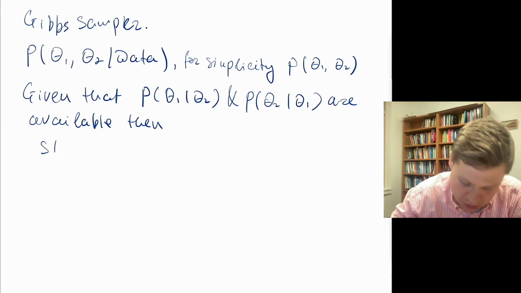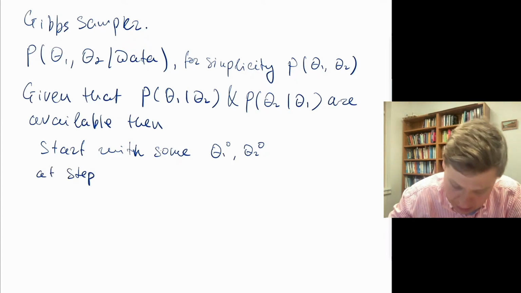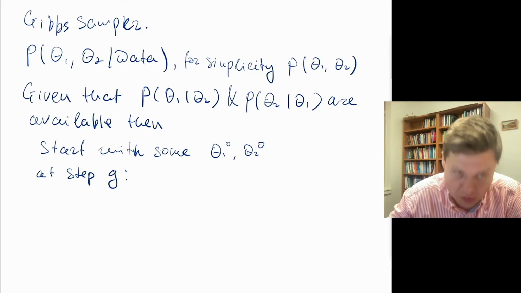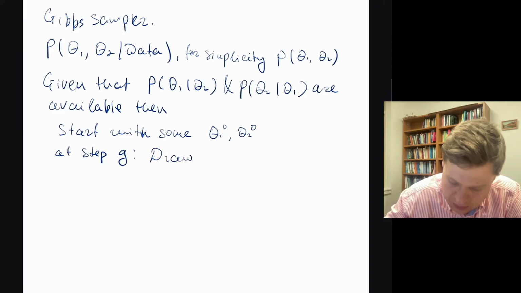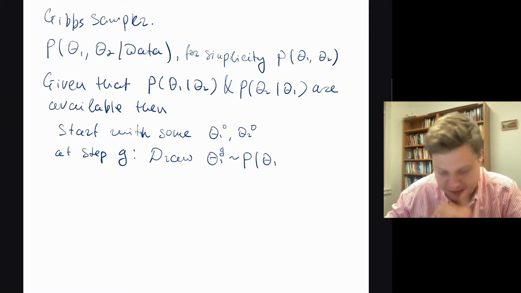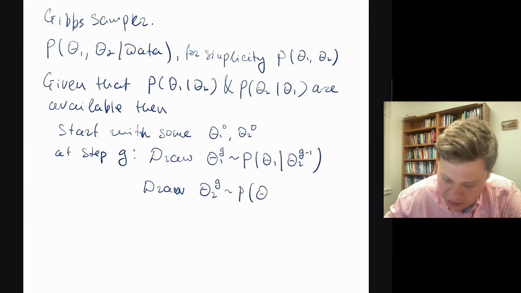So you start with some theta 1 0 and theta 2 0, and at step g, you draw theta 1 g from the conditional distribution over theta 1 given theta 2 from the previous iteration, and then you draw the next part of your variable, theta 2 g, from the conditional distribution over theta 2 given the value of theta 1 g.